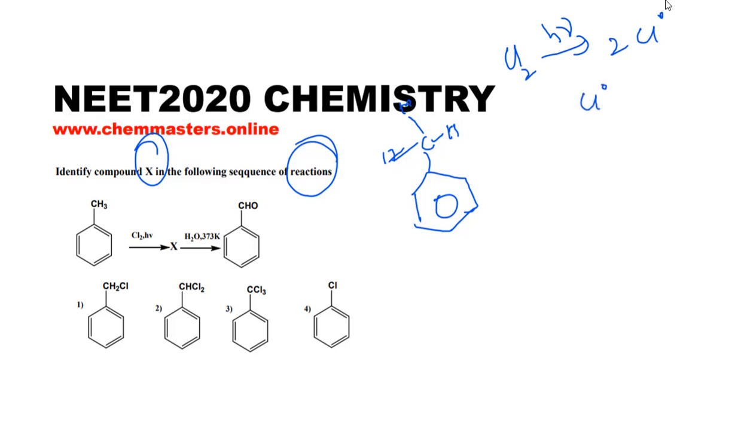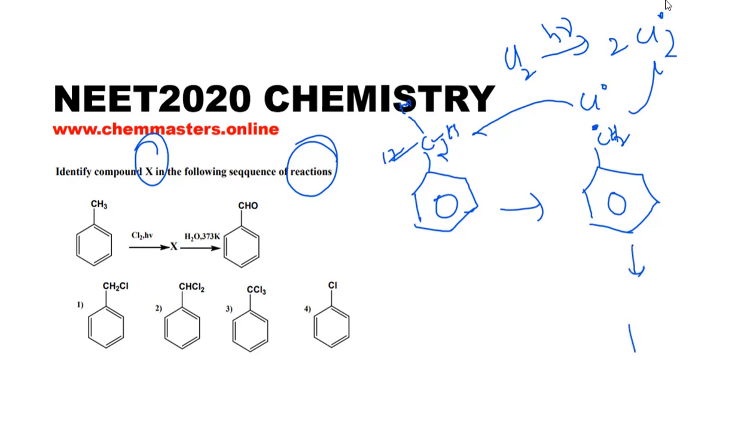The chlorine radical abstracts one hydrogen from that methyl group, then it produces a CH2 radical. This CH2 radical abstracts chlorine and produces CH2Cl, right? And in the next case, on hydrolysis with H2O, what happens?